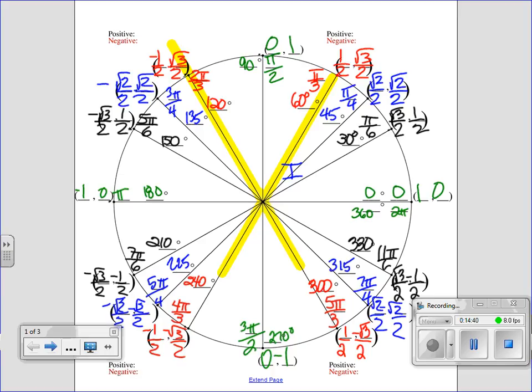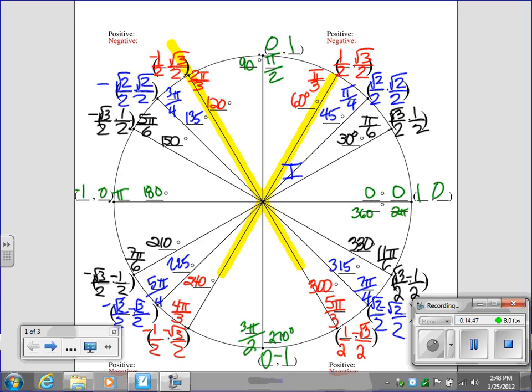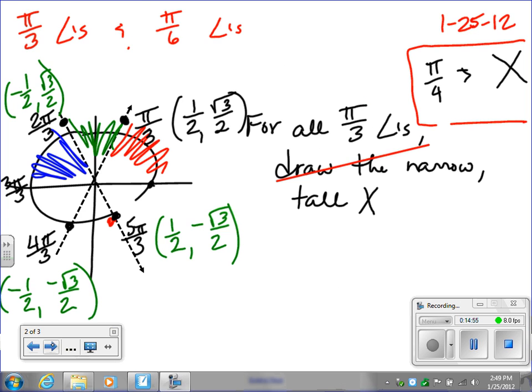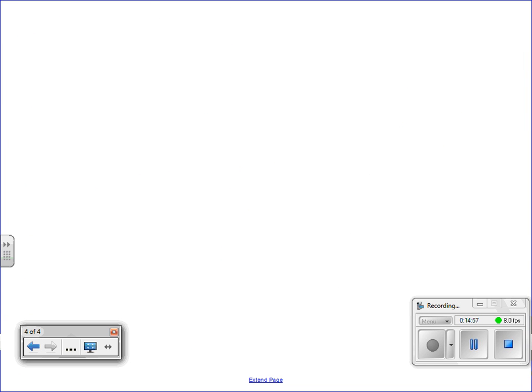Now, you can have your unit circle beside you right now, but you have to get used to not having it. In order to get used to not having it in front of you, I'm going to draw this below. This has 3 in the denominator, right? What kind of X do I need to draw?